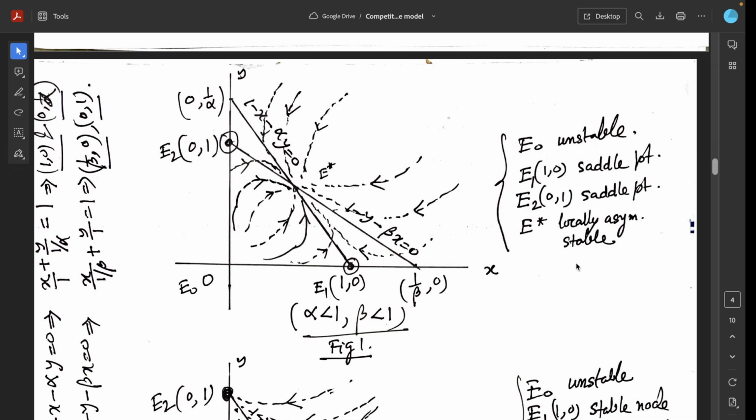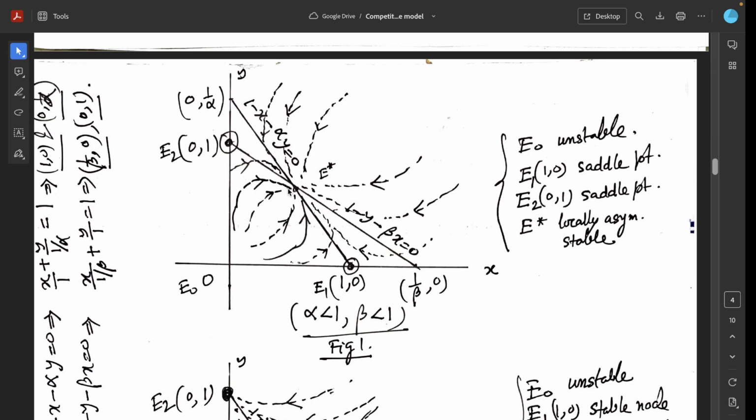From this, E0 is unstable, E1 is unstable, and E2 is unstable, and this E star, the coexistent intermediate equilibrium point, is stable, locally asymptotically stable.